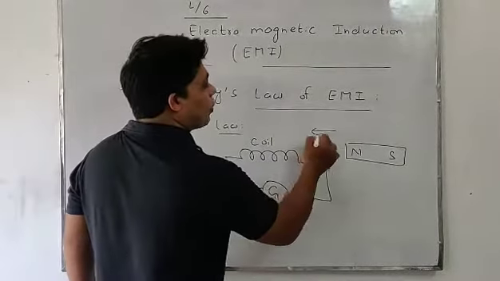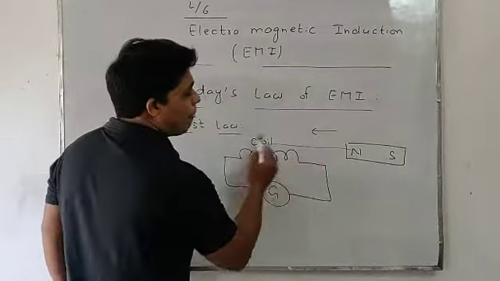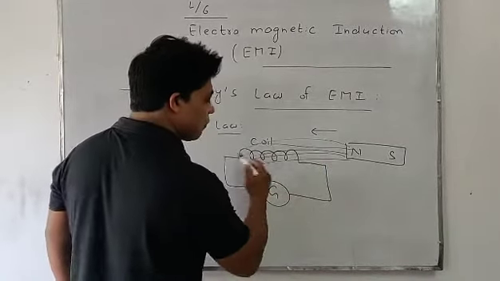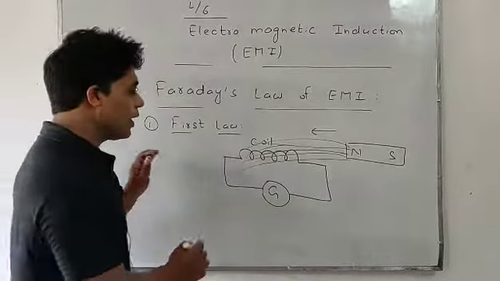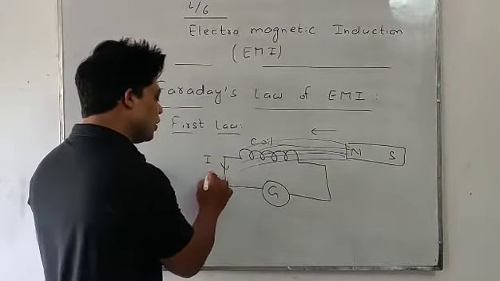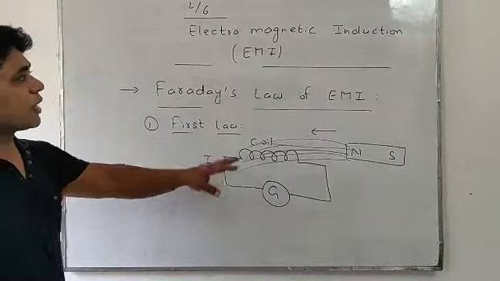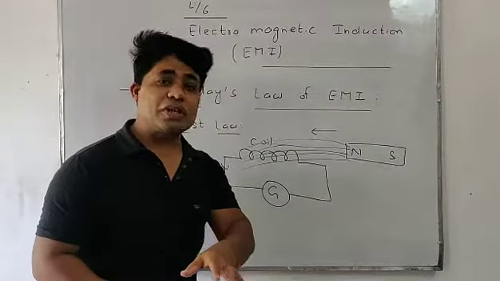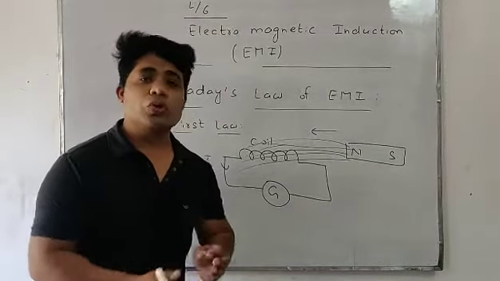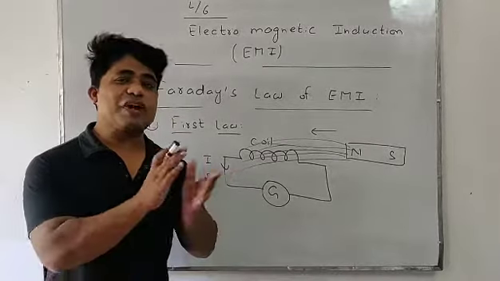When we bring the bar magnet towards the coil, the passing flux through the coil will change. As a result, it produces current and EMF, electromotive force. Such a phenomenon is said to be electromagnetic induction, and this is Faraday's first law. So the definition of EMI is Faraday's first law.